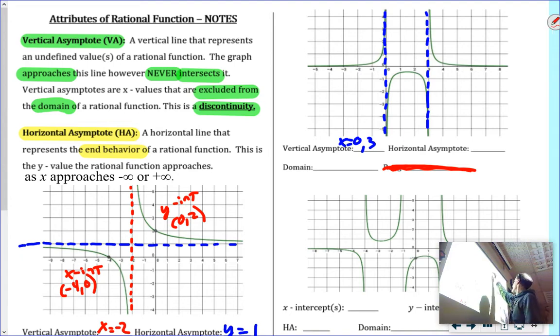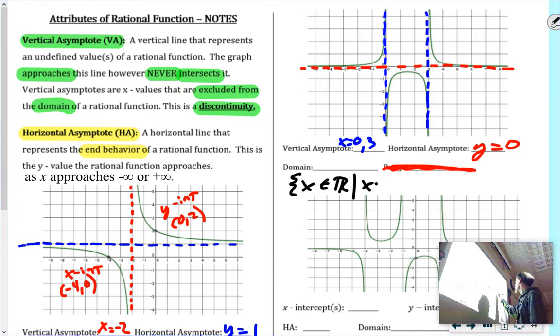And then the HA looks to me like it's just the x-axis, so that would be y equals 0. And then again, for the domain, all we care about are those exclusions or the discontinuity. So in this case, everything except for 0 and 3, the element of real numbers, x not equal to 0 and 3.